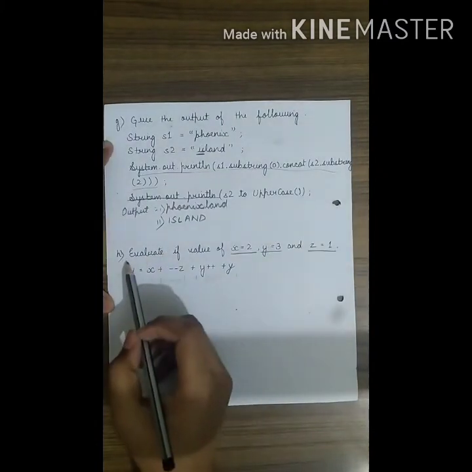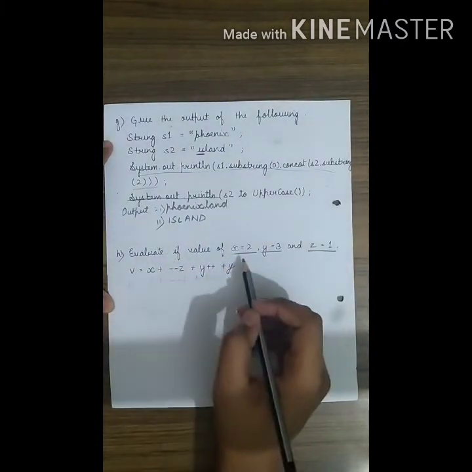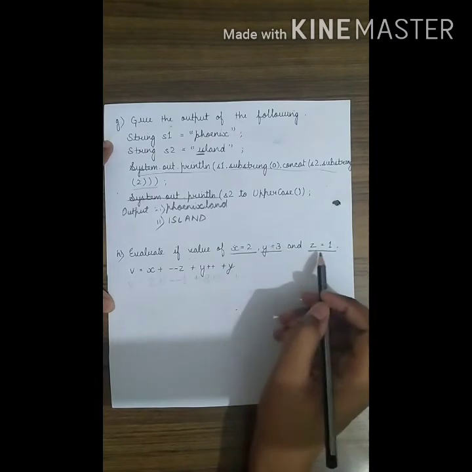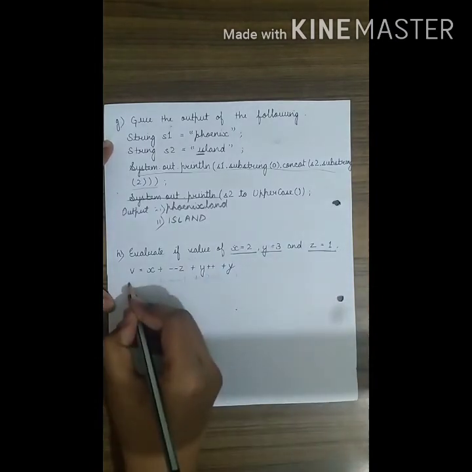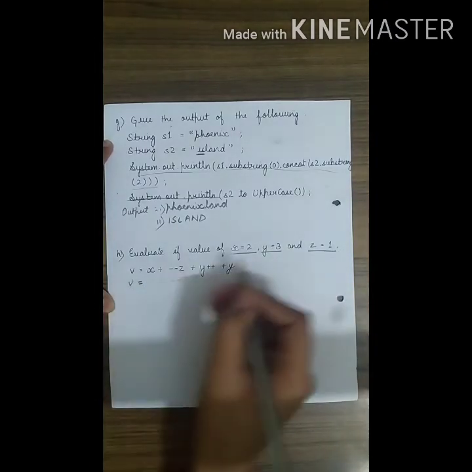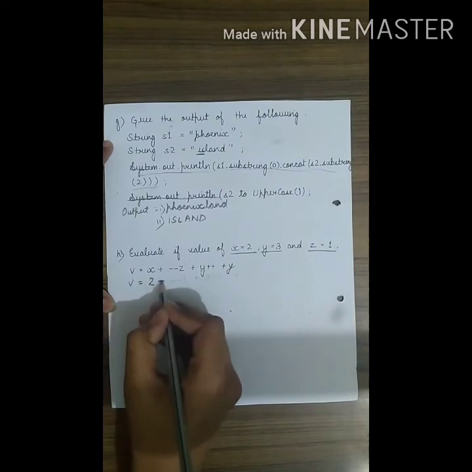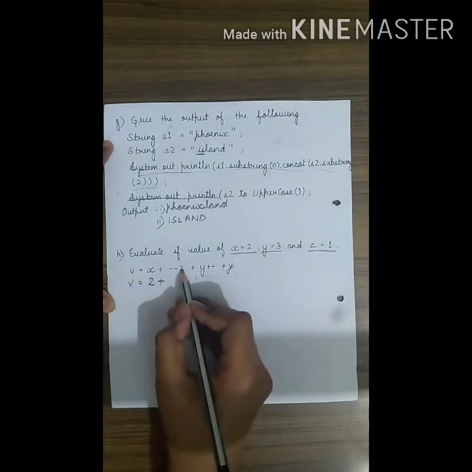Now let's move to the H part. Evaluate if the value of x is equal to 2, y is equal to 3 and z is equal to 1. V is equal to x, x is equal to 2, so we will write 2 minus z.